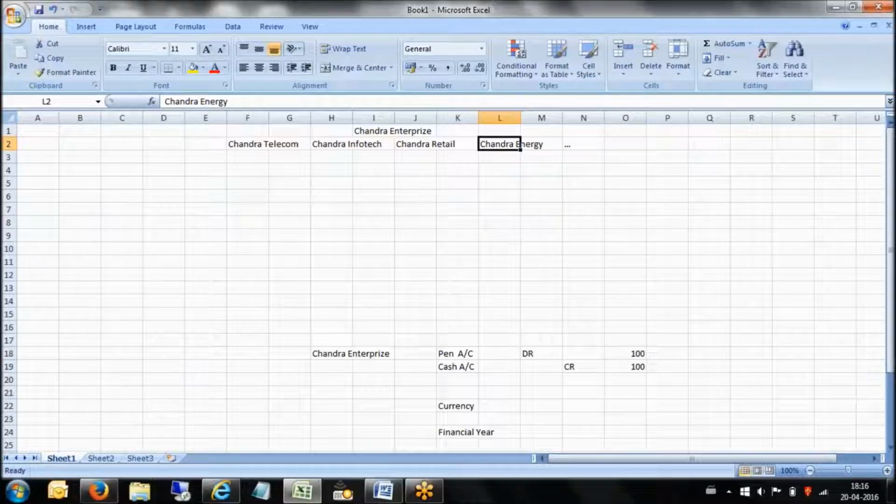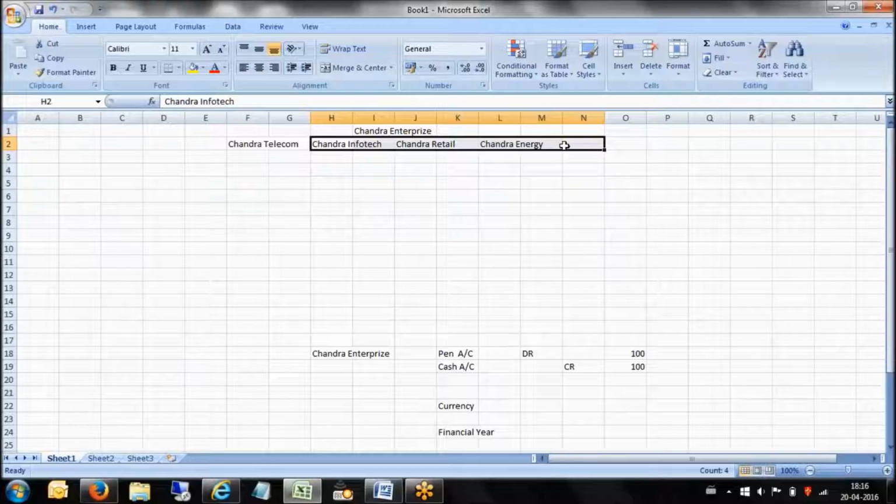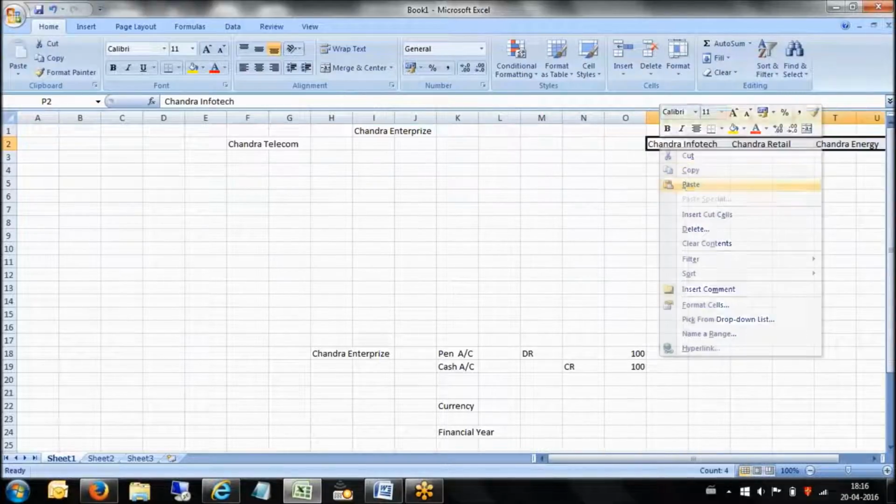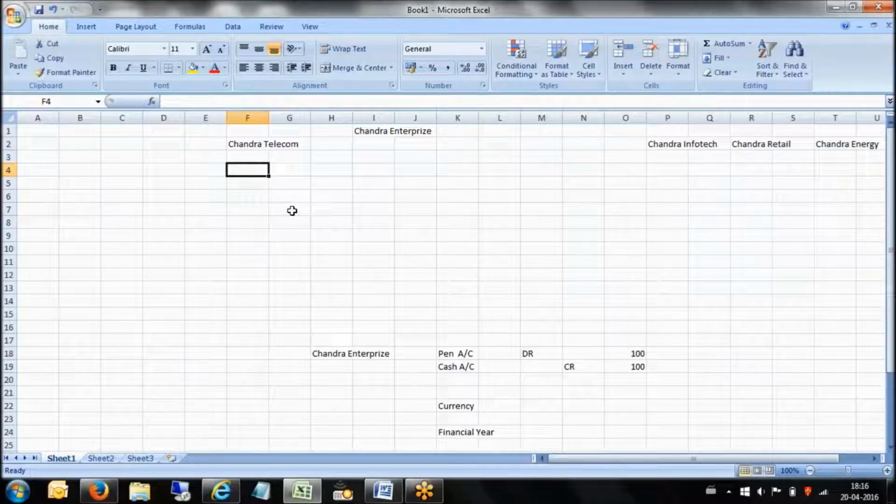Under each of these, there will be further structure. If I take the example of this one and shift them to the right-hand side, you'll find that under this also there is structure, because there will be departments.